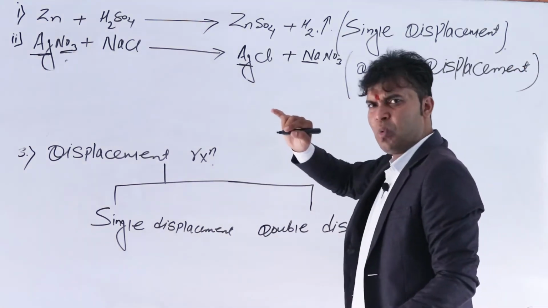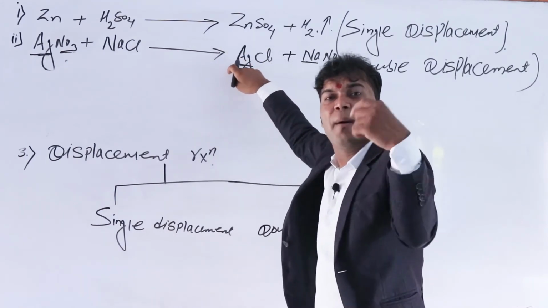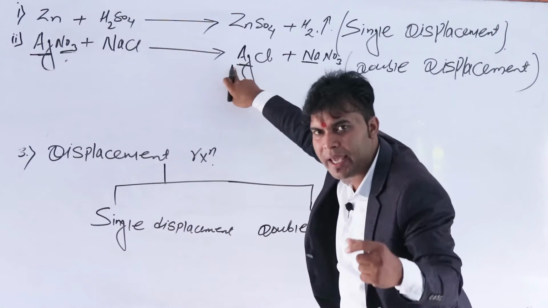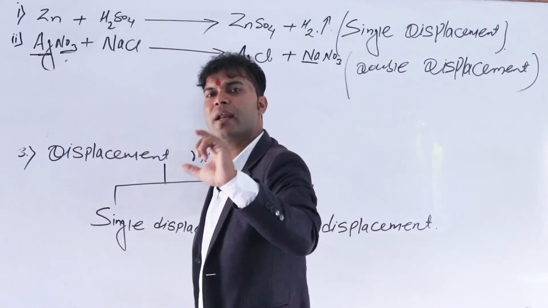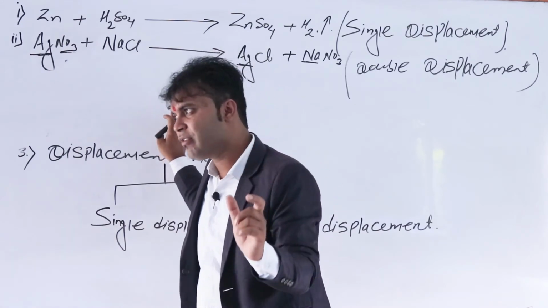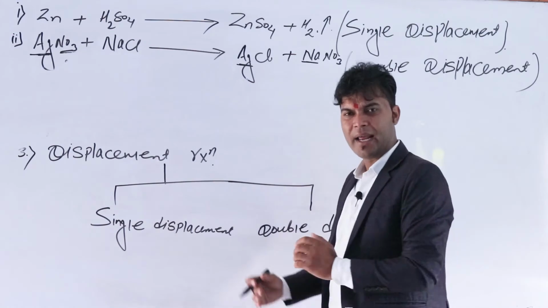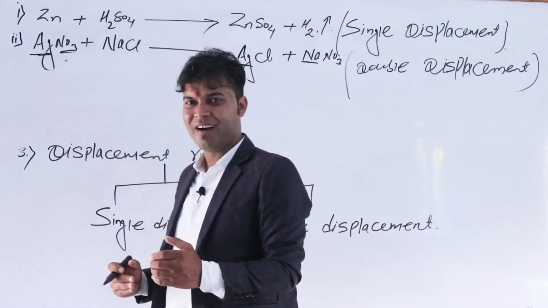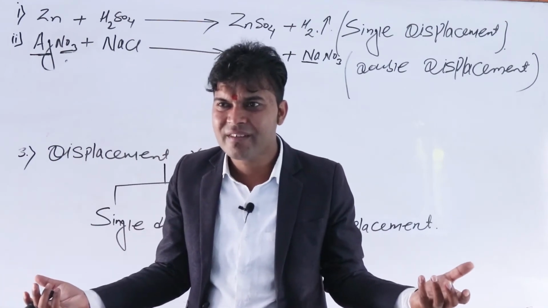Why is this called single displacement and why is this called double displacement? Double displacement means when two compounds react mutually to form two new compounds by exchanging the atoms they contain, isn't it?